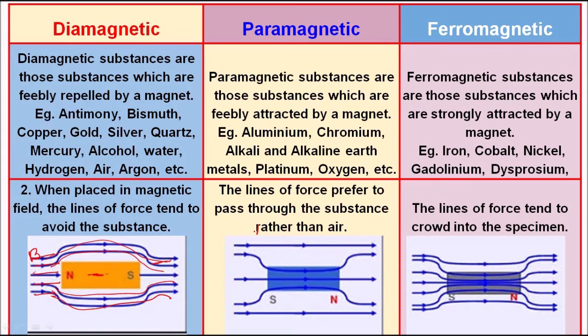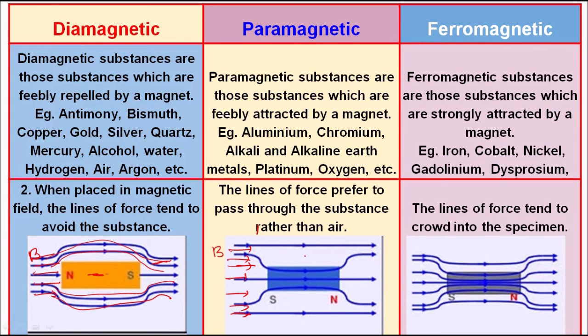Then the paramagnetic material. Paramagnetic substances are those substances which are feebly attracted by magnets. The examples are aluminium, chromium, alkali and alkaline earth metals, platinum and oxygen. We can see here the magnetic field B. Okay, these are the images I had downloaded from the internet.